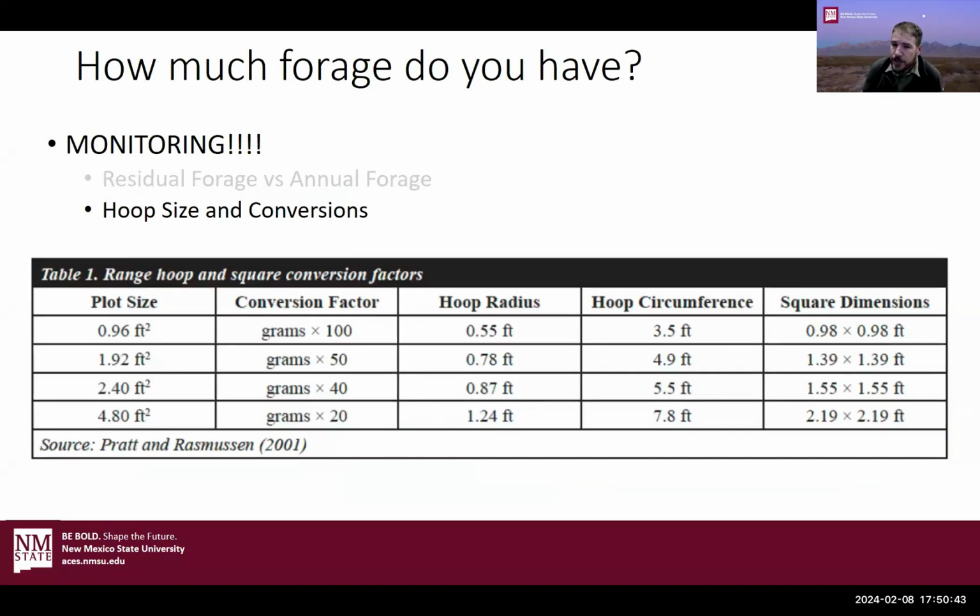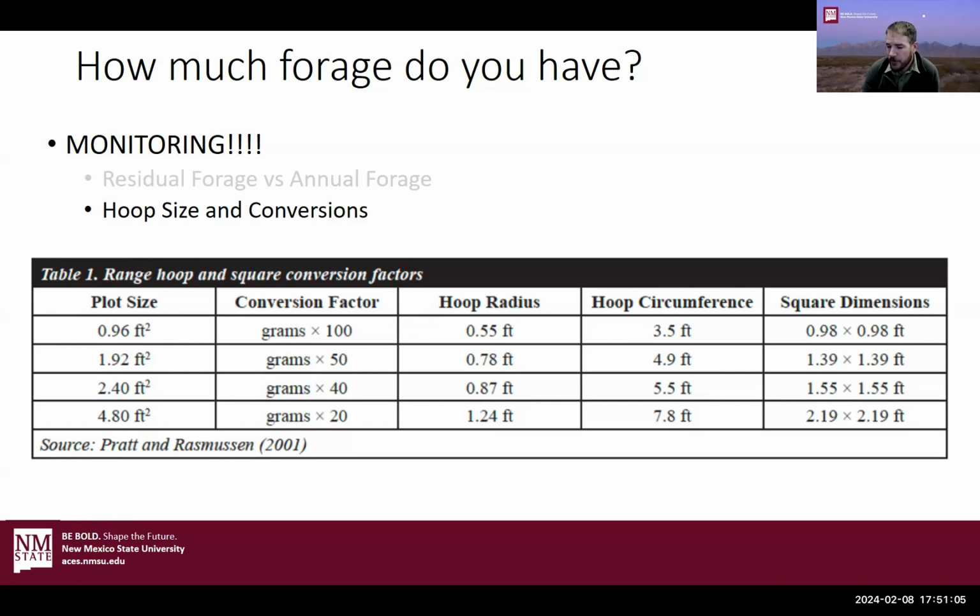So what you do is you take everything within that circumference, or whatever you got in your bag. Let's say you have 5 grams of forage in that bag, and let's say we're using a 3.5 foot circumference hoop. You times it by 100.